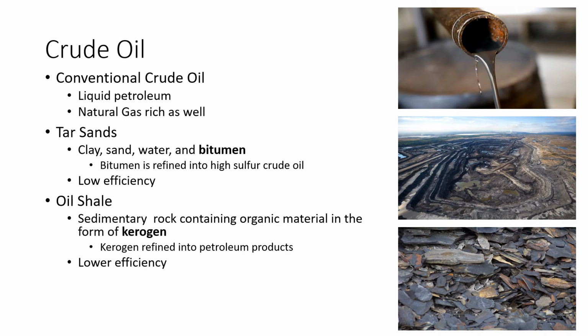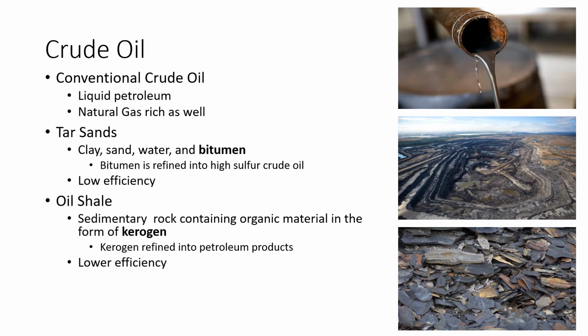It's very high viscosity. We can actually take that and refine it into crude oil. But the crude oil that it's refined into is very high in sulfur, and it has a relatively low efficiency. But it's there.